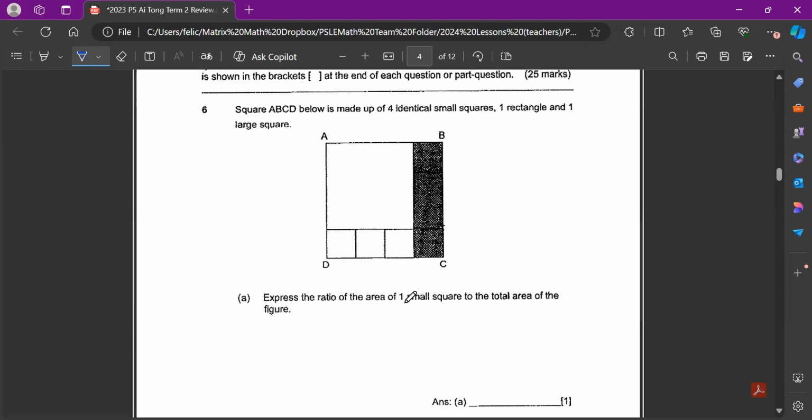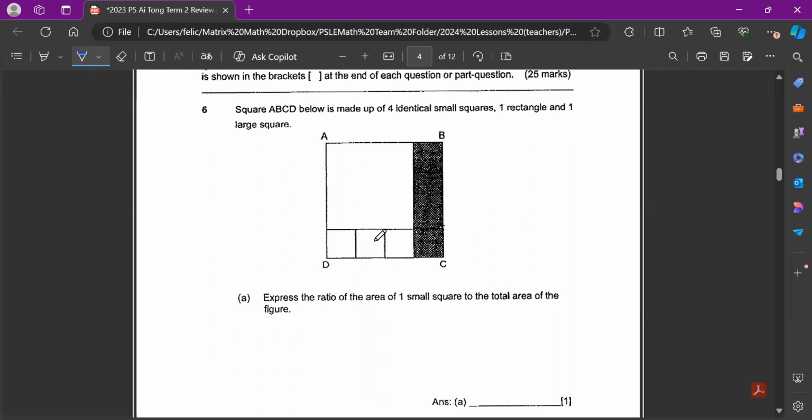So how do we do this? If the question doesn't provide values, what you should do next is analyze how the shapes are arranged. If I focus on this side first, when you deal with squares, it's easier. Don't care about the rectangle first.